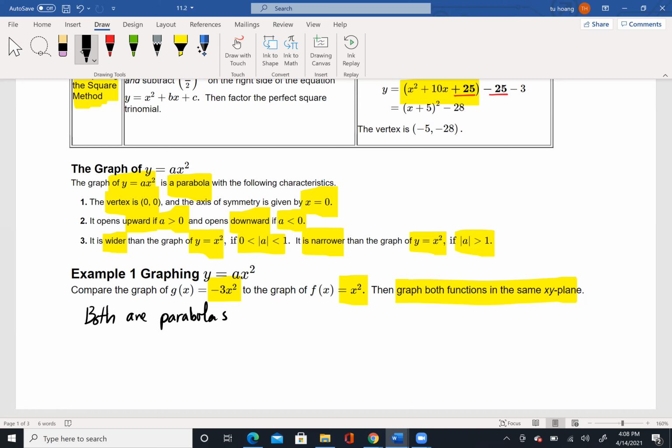Firstly, I want to say that. But g of x equals -3x squared means a equals -3, which is less than 0.